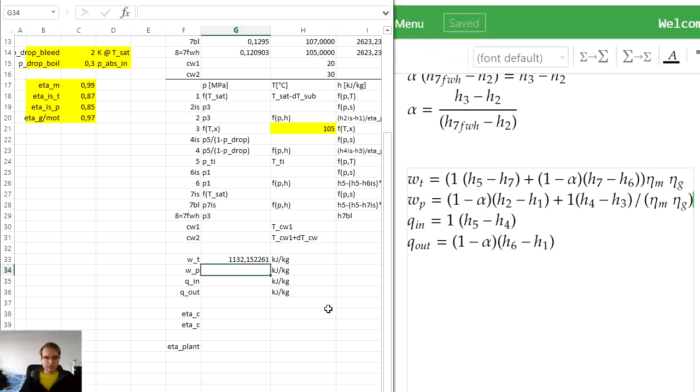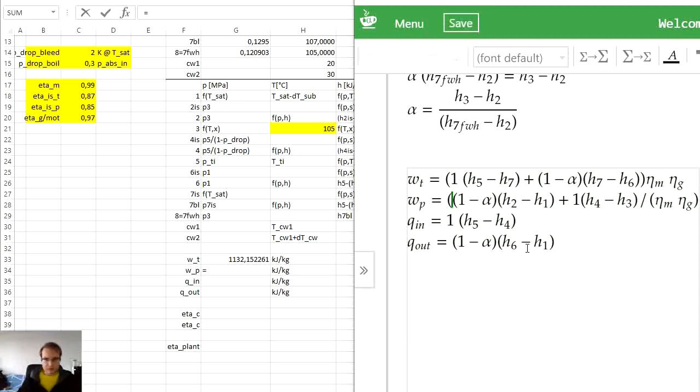Now for the pump, and here for the pump we need to put all this into the bracket.